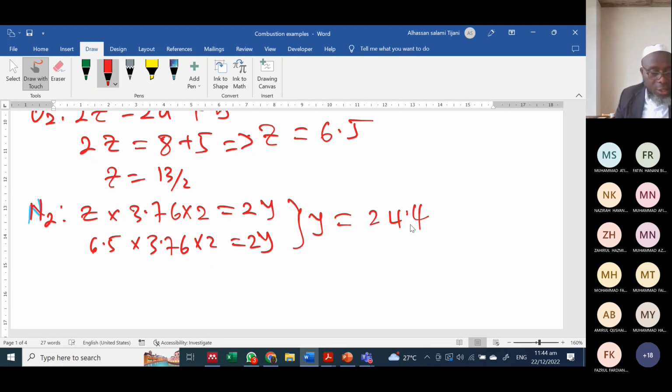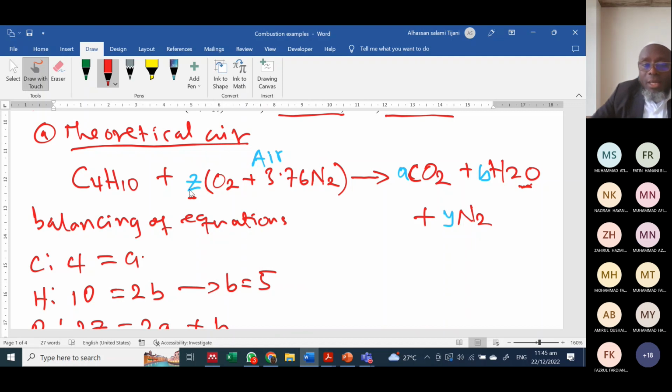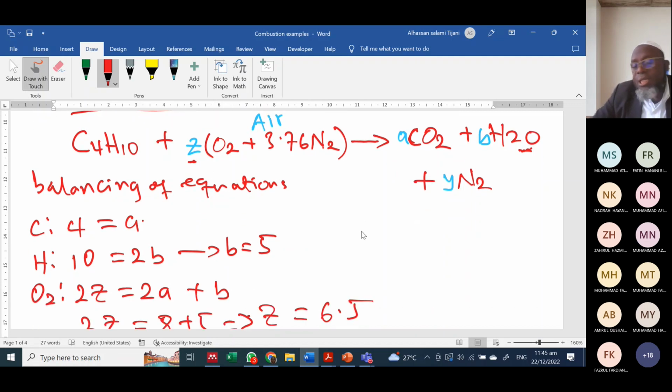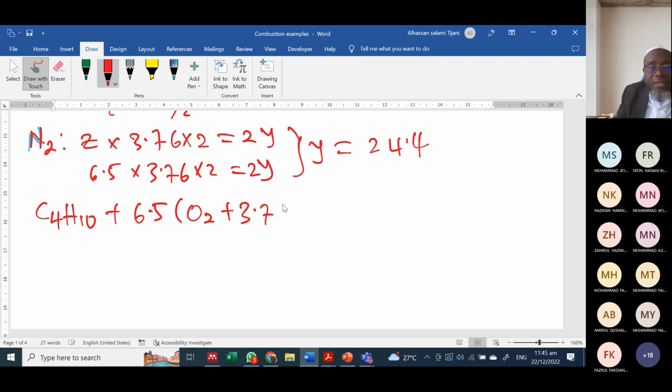Okay. So now we know all the unknowns inside this equation. So now we are going to write the full equation. The theoretical equation now becomes C4H10 plus, now our Z is 6.5, so 6.5 oxygen plus 3.76 nitrogen.